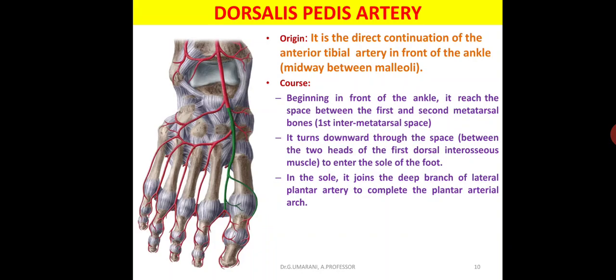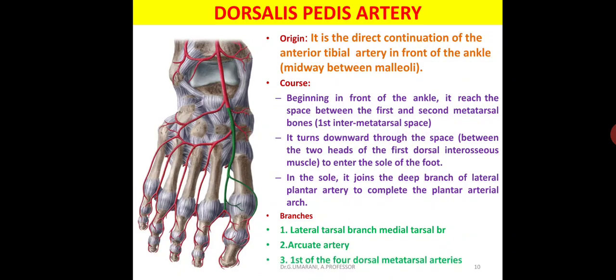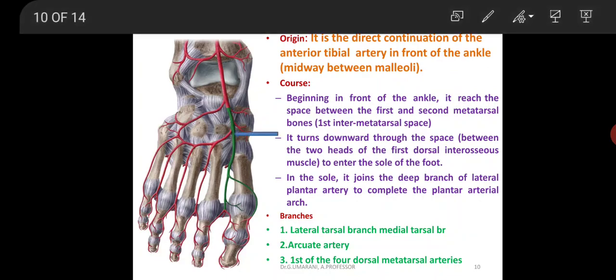In the sole, it joins the deep branch of the lateral plantar artery and completes the plantar arterial arch. The branches of the dorsalis pedis artery are the lateral tarsal branch and medial tarsal branch, then the arcuate artery, then the first dorsal metatarsal artery.